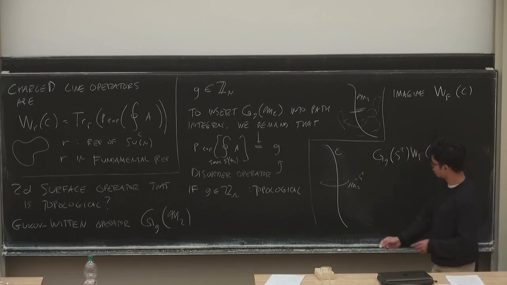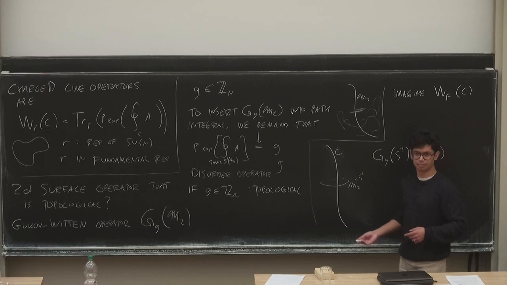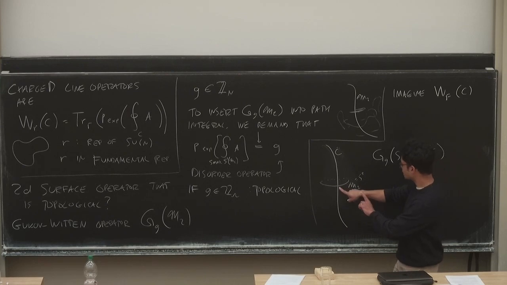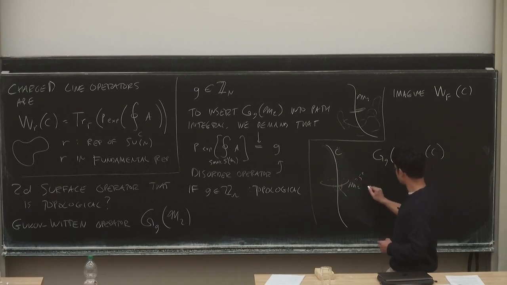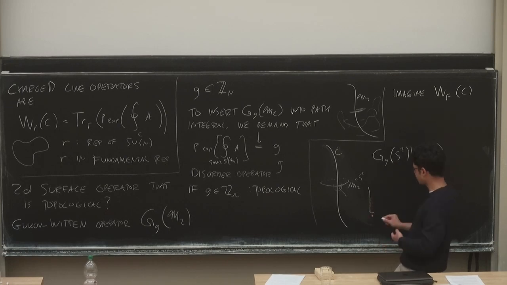Now, this is a bit heuristic, but bear with me and we'll do it properly in a second. What you want to do is imagine what happens when you take the Wilson line through here. I'm going to zoom in at this part. We're about to drag the Wilson line through this surface operator. If this is the Wilson line, this part tangential into the page is the Gukov surface operator.